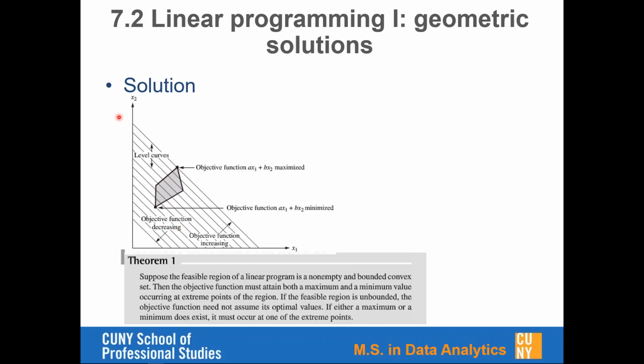Those are the level curves, the parallel curves that are trying to minimize or maximize. So it really depends on the objective function. If it's maximized, then that's the solution. If it's a minimization, then that's the solution that I'm pointing to there. So that's the geometric solution approach for linear programs.